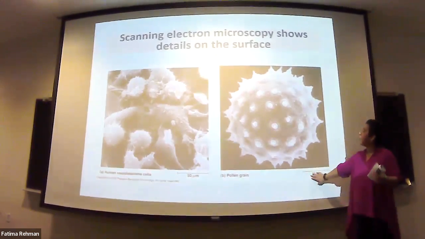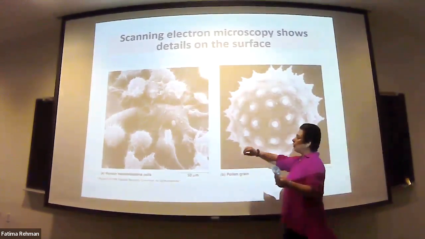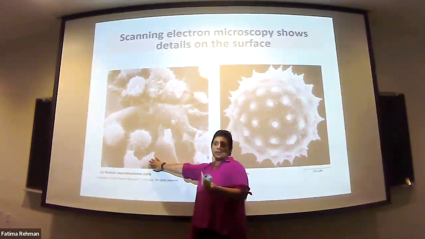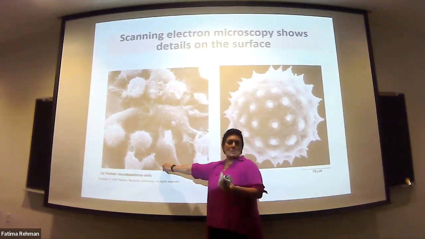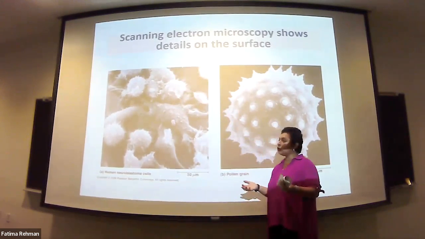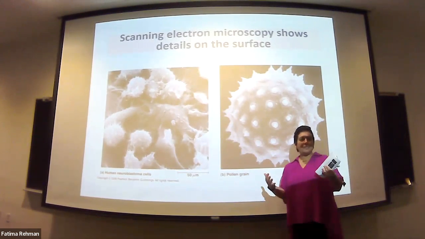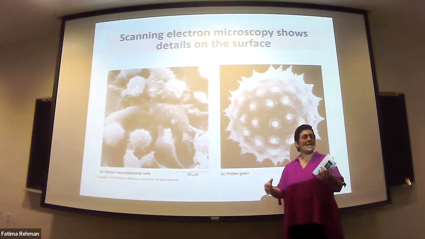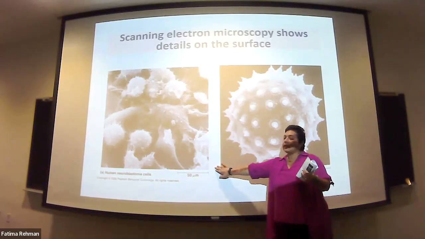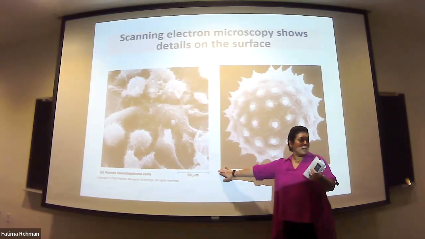So scanning electron microscopy throws a beam of electrons across the surface of your specimen, and uses that to resolve an image out of it. It can look at 3D structures in this way very cleanly, very accurately, and remake that particular cell as it is in the image.